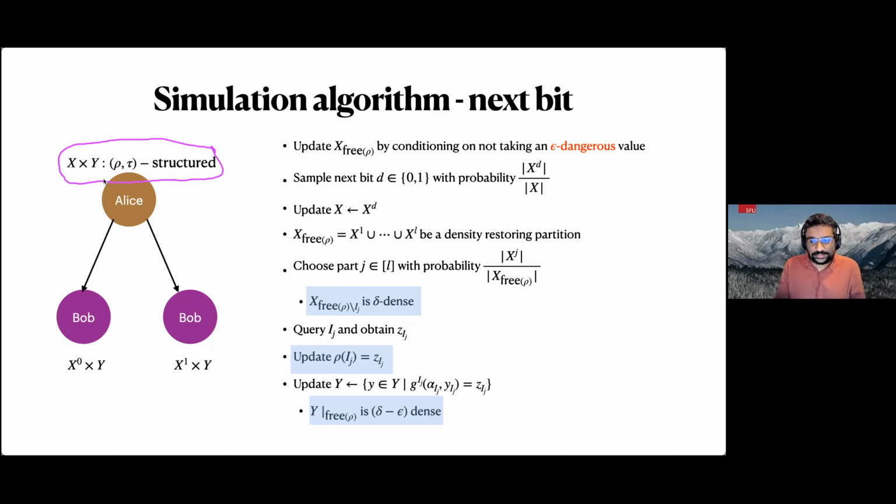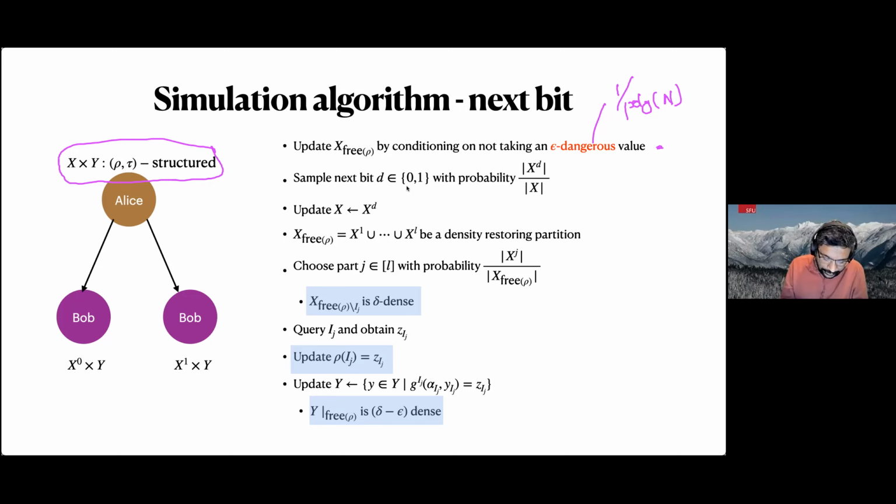Let's assume that Alice is speaking and Alice splits her inputs. First, we condition on x not taking an epsilon-dangerous value, because we don't want to go down that path. This is not a problem because the probability of this happening is only like 1 over poly n. So with probability 1 minus 1 over poly n, our simulation would not be deviating from the actual distribution that we want to sample.